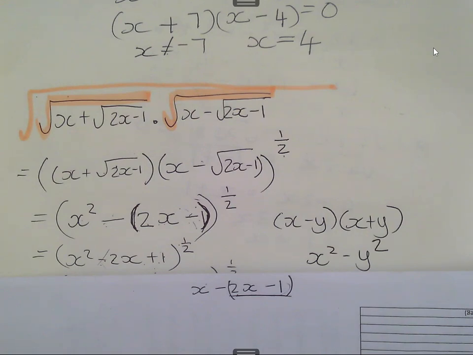There are three terms inside of the bracket. What type of three term do you see here? Quadratic. What do we do with a quadratic trinomial? We've been doing it this whole week. We factorize it to bracket.